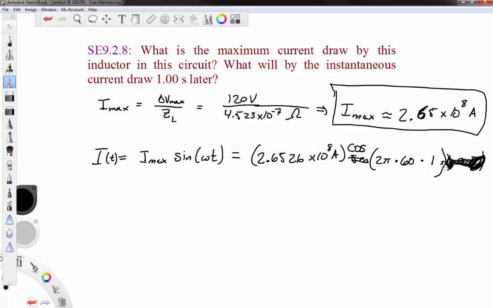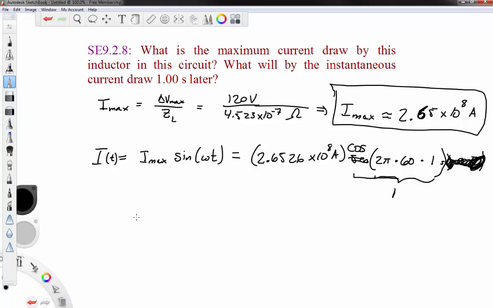And so that goes with a cosine function rather than a sine function. And so if you look at all this, you'd have 1 second times 60, times 2 is 120, times pi, that's an even number times pi. This whole entire cosine would be 1.